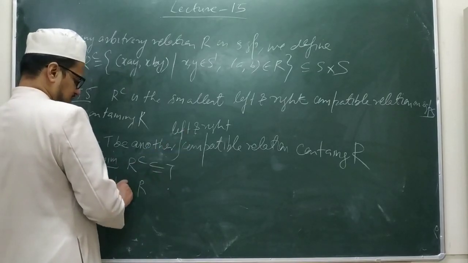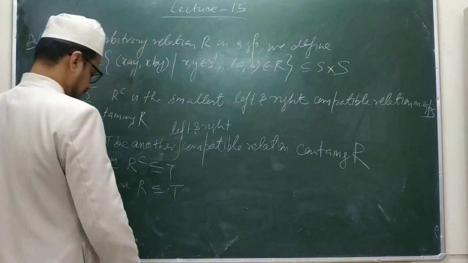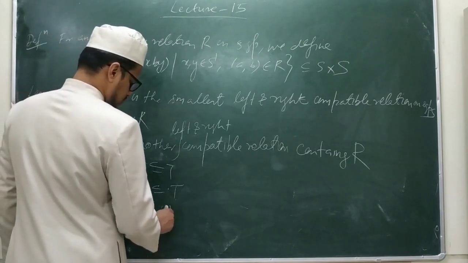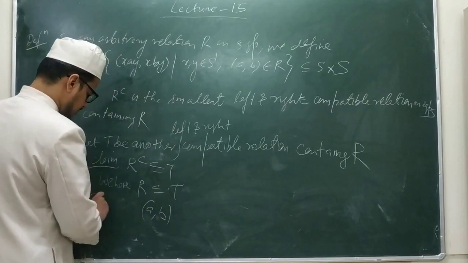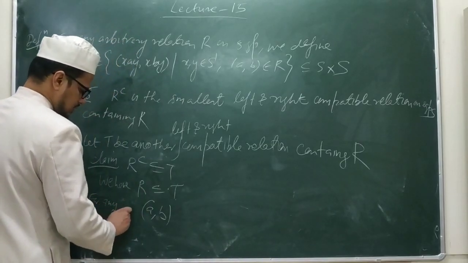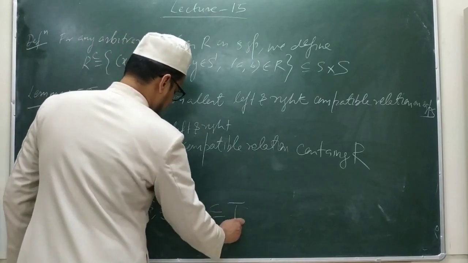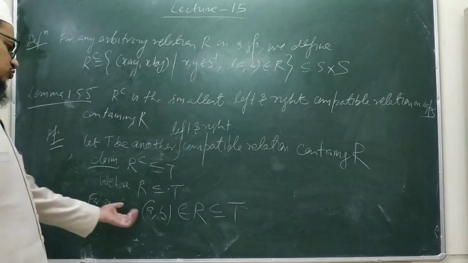We have R contained in T. It implies that for any A, B belonging to R, since R is contained in T, A, B goes in T. So A, B is in T.